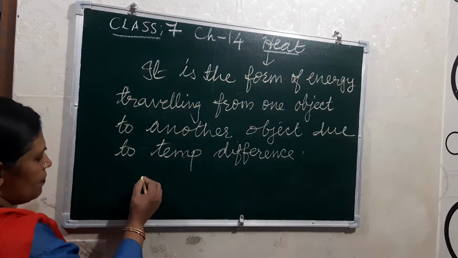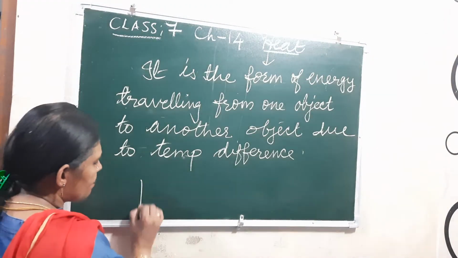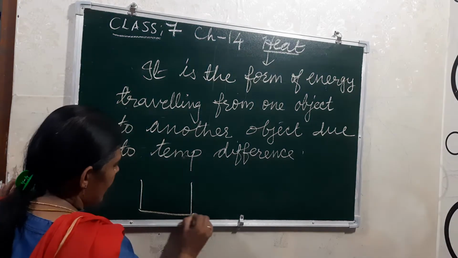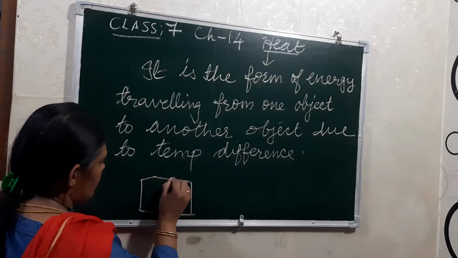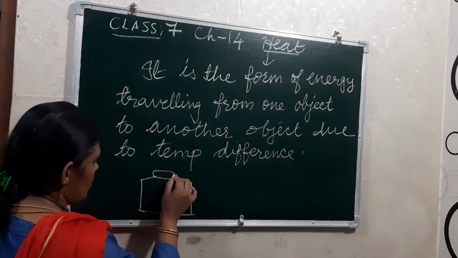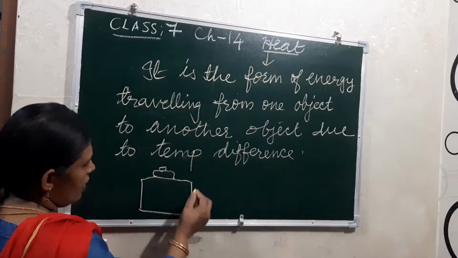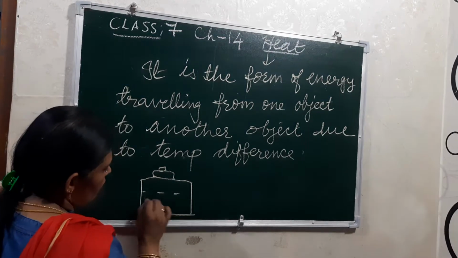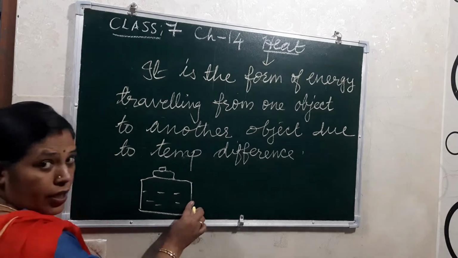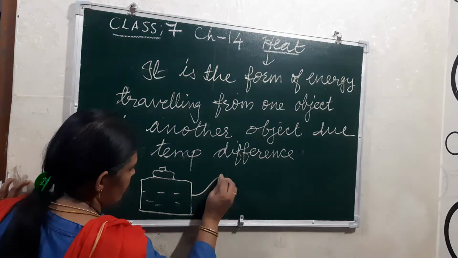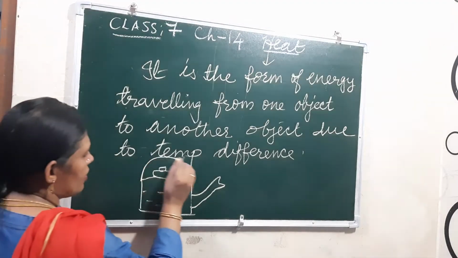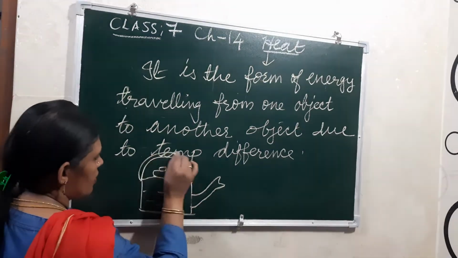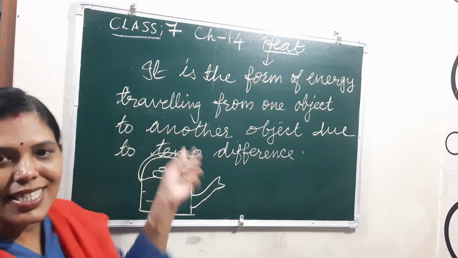See, for example, here, this is the kettle, okay? You take water, and here you can see the spout, and you can hold this by this handle and carry it.